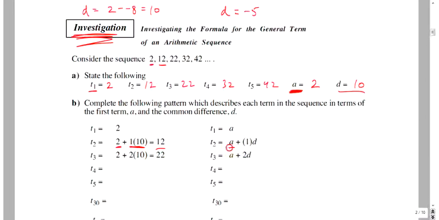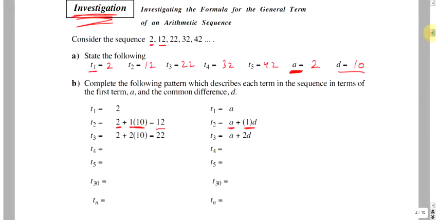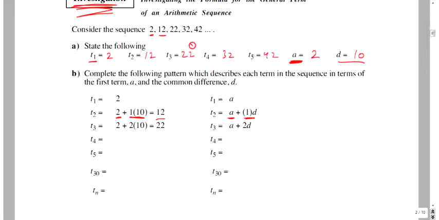The first term is A, and I'm adding one common difference. Okay? The third term. I have the first term, and I'm adding 10 twice to get the third term. Right? So that's the same as the first term and two differences.